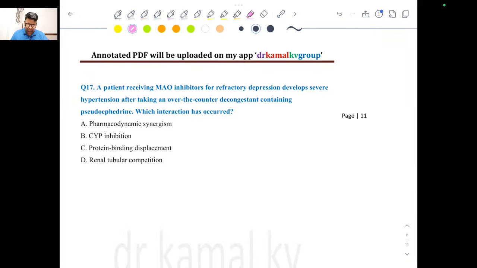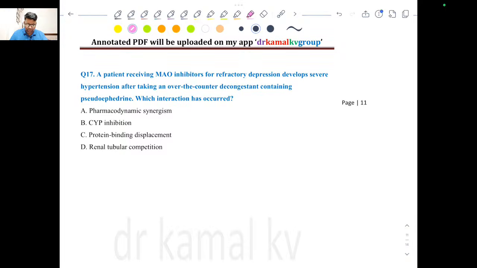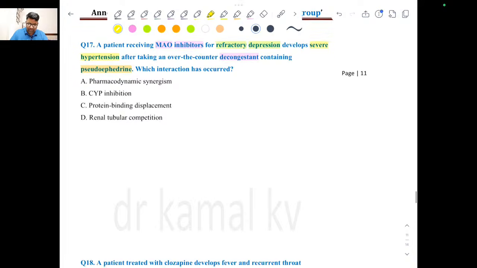Now moving forward to a little difficult question. A patient is receiving an MAO inhibitor, monoamine oxidase inhibitor, for refractory depression, and he developed nasal congestion, so he took a decongestant containing pseudoephedrine, and after that the patient developed severe hypertension. So what interaction has occurred here?